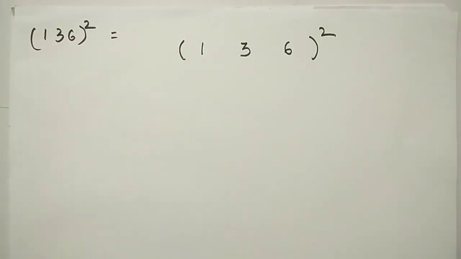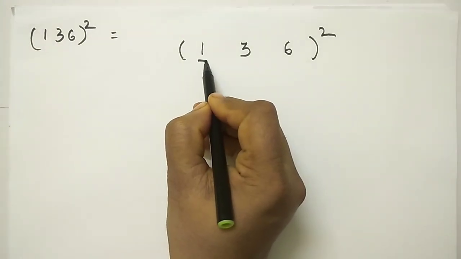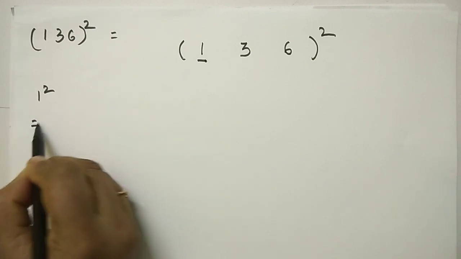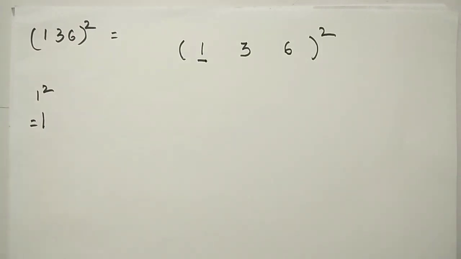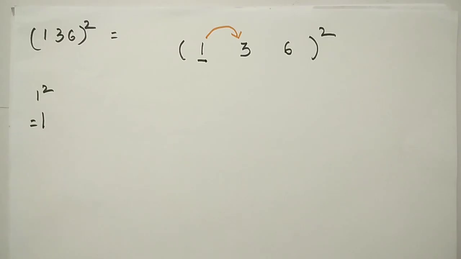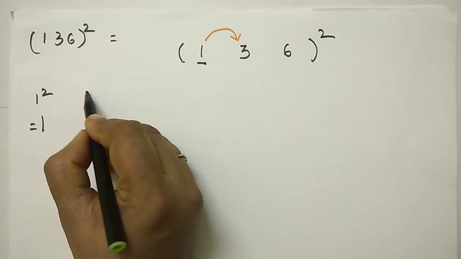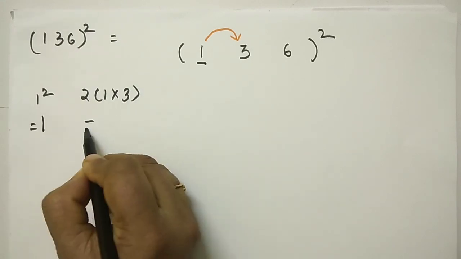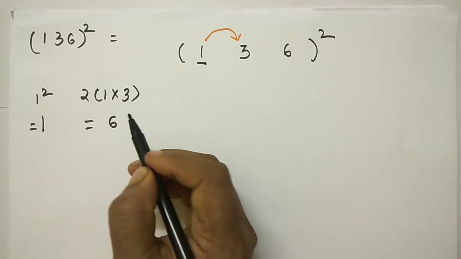First you have to write the square of 1. 1 square is equal to 1. Next, you have to multiply these 2 with 2. That is 2 into 1 into 3. This is nothing but 6.